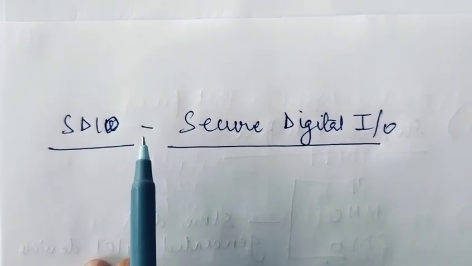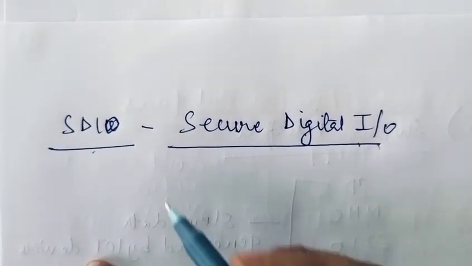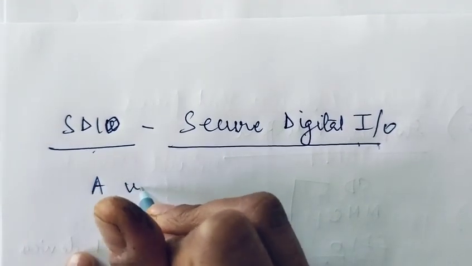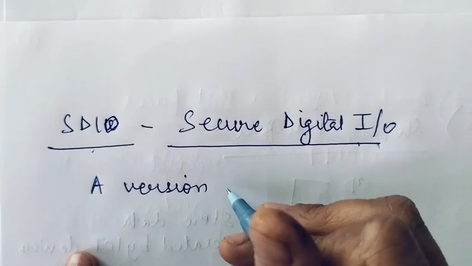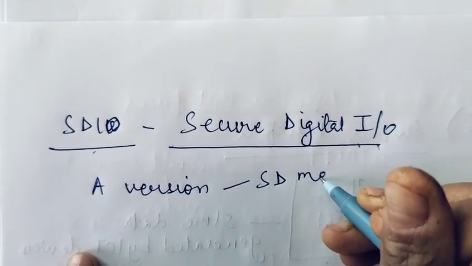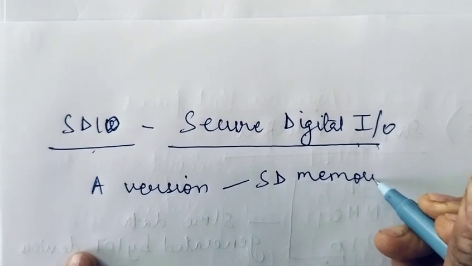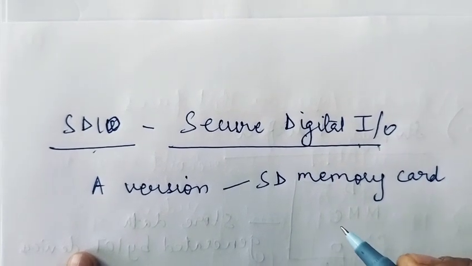So the full form of SDIO is secure digital input output. It is a version of the secure digital memory cards. It is a kind of version of the SD or the secure digital memory cards.